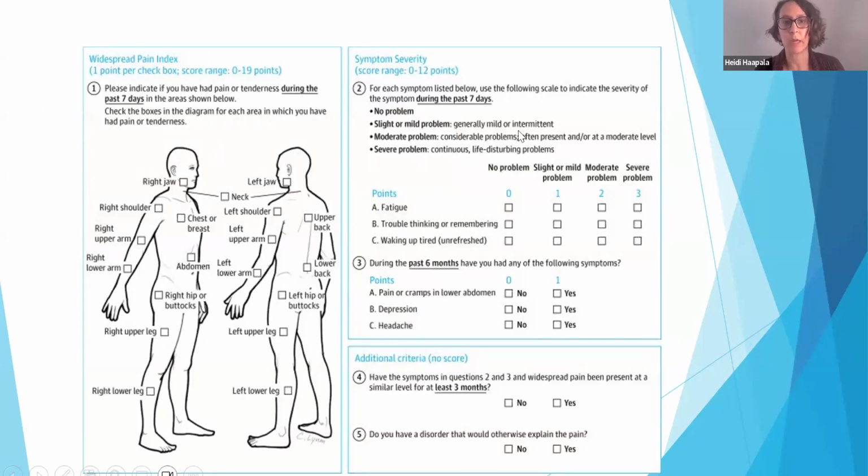And then we look over here for the somatic symptoms, and you rate them from no problem with these symptoms to a severe problem. All these boxes are counted up and you're given a score. And the higher the score, the higher the chance there is some overlap of nocipathic symptoms in your pain experience.